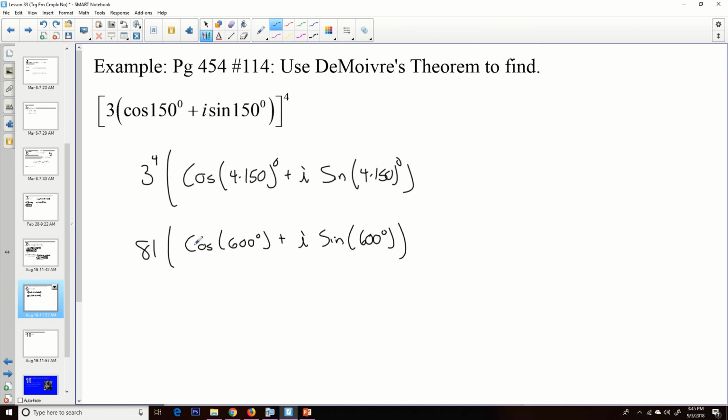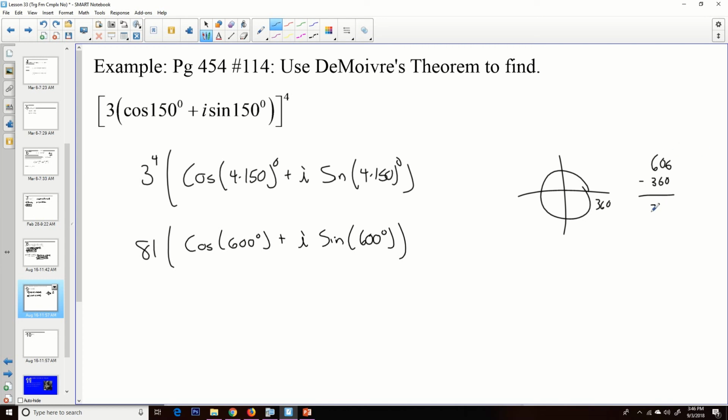And technically this is okay, but I think what we'll want to do is say that clearly this thing goes around the circle a full time, because all the way around is 360 degrees. So if I go 600 and I subtract 360, now if it went around more than once, you just figure out how many total degrees it would be.